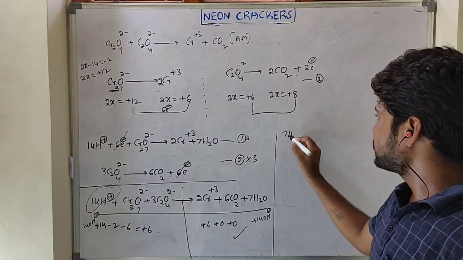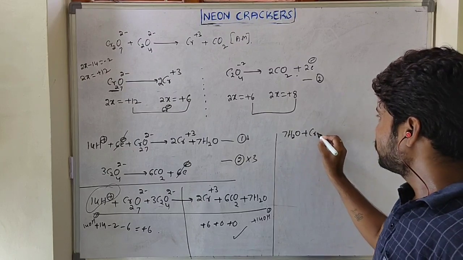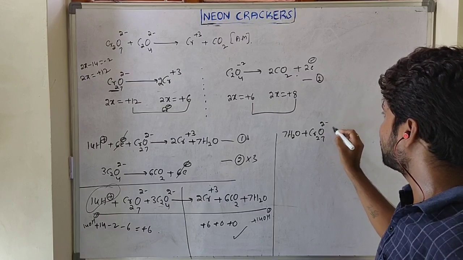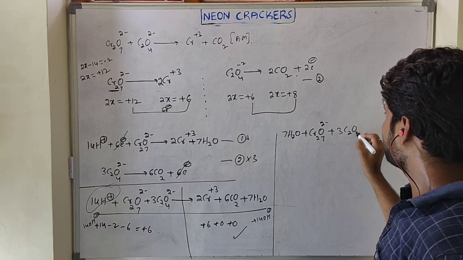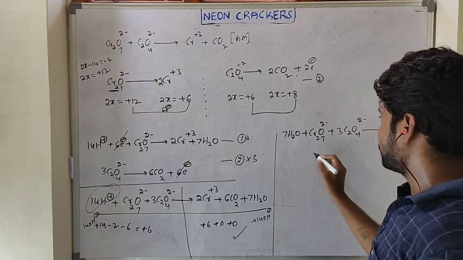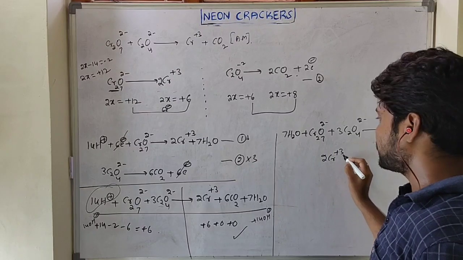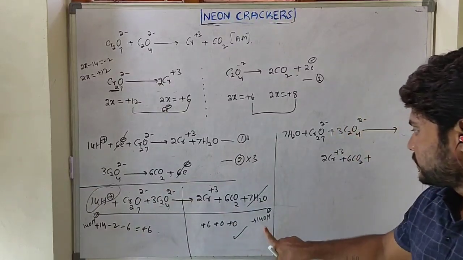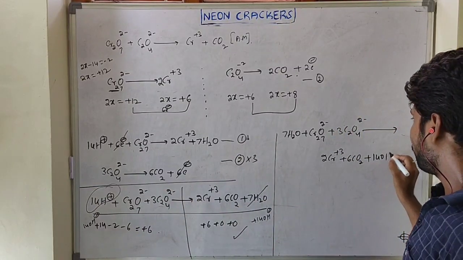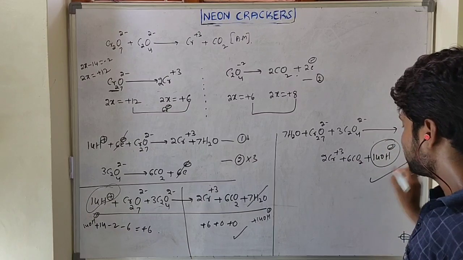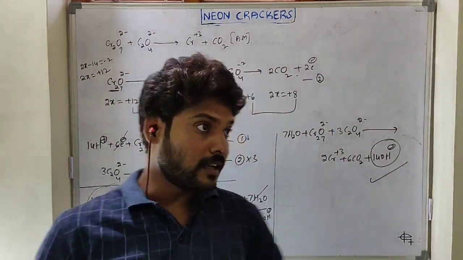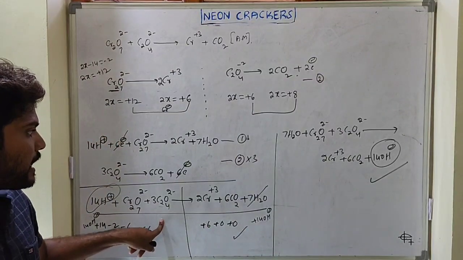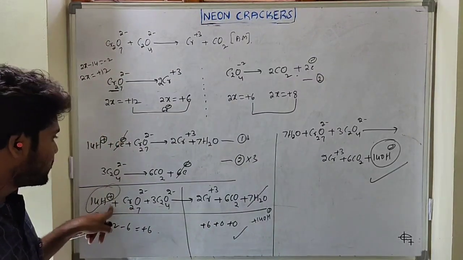So on the left side we have 7 water molecules and 1 mole of Cr2O7 minus 2 dichromate plus 3 moles of oxalate, giving 2 Cr plus 3 plus 6 CO2. The rest is 14 OH minus. So what is the medium? It is the basic medium. This is the balanced equation in basic medium, whereas the earlier one is the balanced equation in acidic medium.